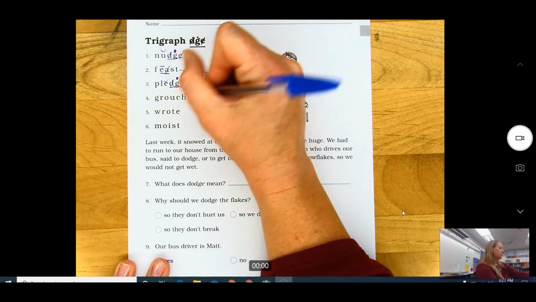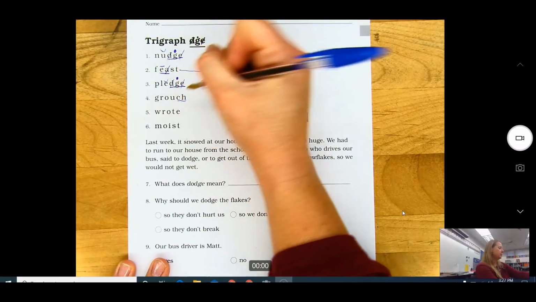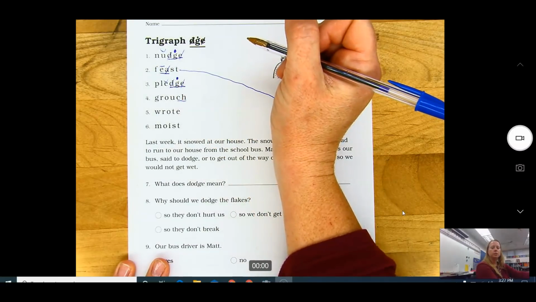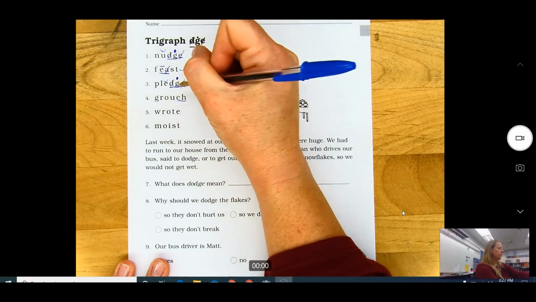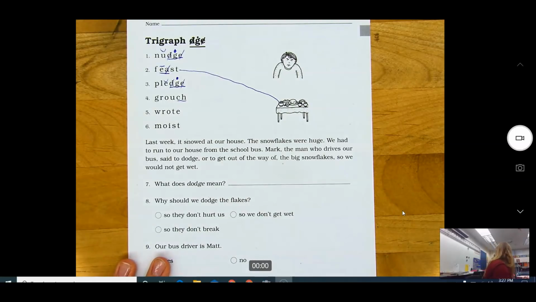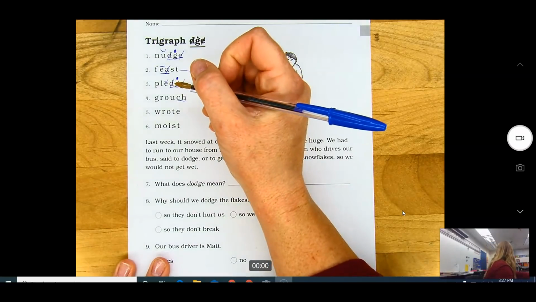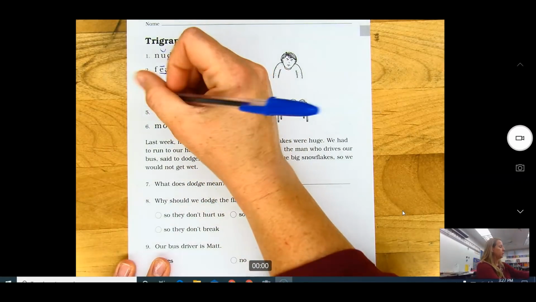Okay, here's a new word. CH, digraph. CH says ch, right? Makes one sound. OU, what is OU going to sound like? Well, OU is a diphthong. I just wanted to make sure I'm looking at my chart.